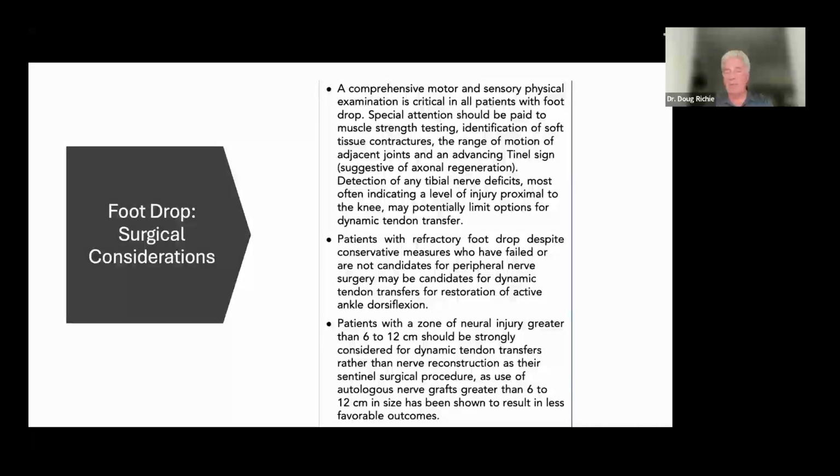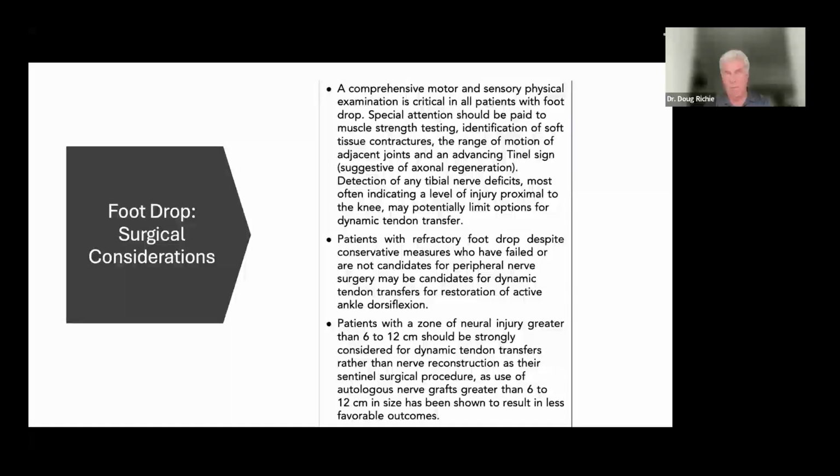If they have a compression neuropathy of the common peroneal nerve, obviously that decompression surgery would be preferred over tendon transfer. There are patients who have common peroneal nerve injury or sciatic nerve injury in an area greater than 6 to 12 centimeters who are not candidates for nerve reconstruction or nerve grafting, who may actually be considered for tendon transfer.